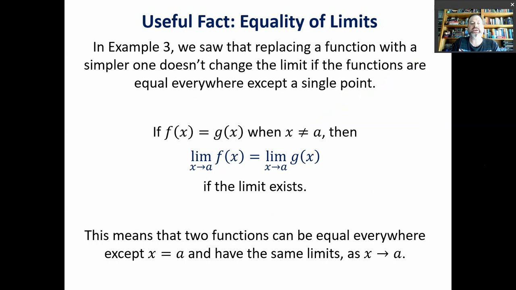So what this says is if the two functions are equal everywhere except where x equals a, right? Because they're not required to be the same at x equals a. But if they're equal everywhere when x is not equal to a, and the limit exists, then the limits are the same.